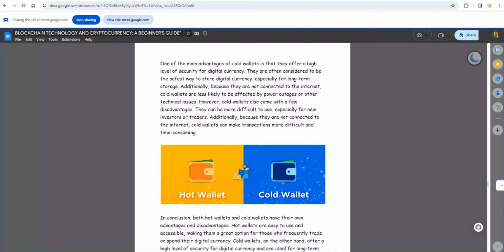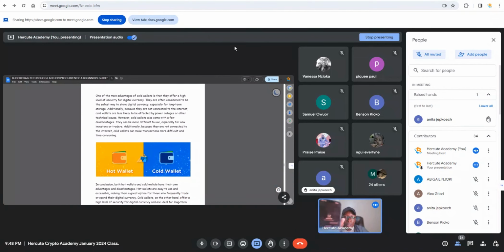It's called the Ledger. If you can see, let me just show you. If you look at the logo, it's actually Ledger. So I just need to put my Face ID and I log into my app.